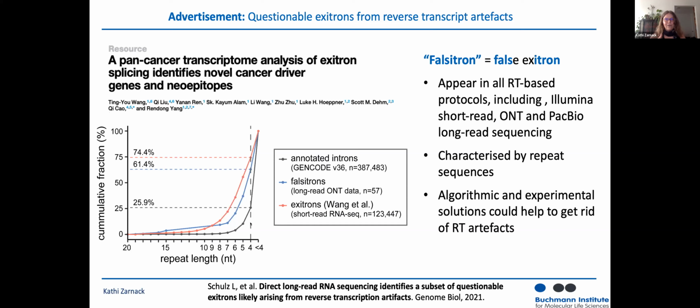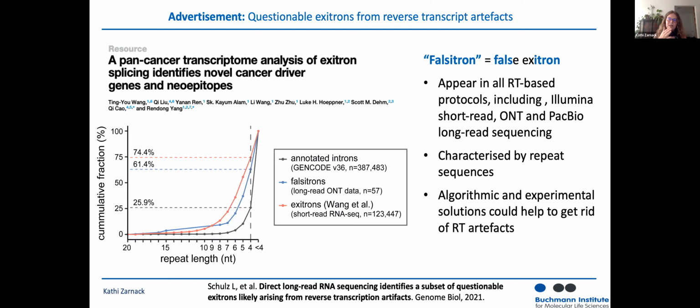They have the repeats to a larger extent, and the repeats are even longer than in the cases that we had found in the Oxford Nanopore data. So we really think that these falsitrons, these RT-PCR artifacts, are something that occurs quite commonly in any type of data set that uses reverse transcription. So it's Illumina sequencing, but it's also long read sequencing if it uses reverse transcription.